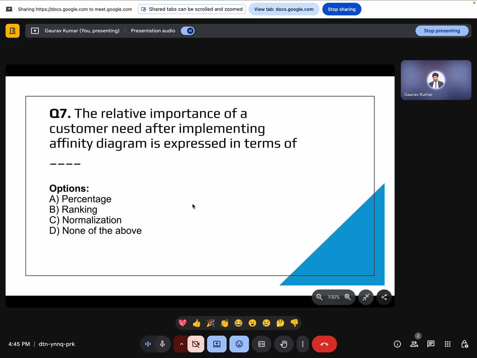Next is question number 7. The relative importance of customer needs after implementing an affinity diagram is expressed in terms of what? Percentage, ranking, normalization, or none of the above.